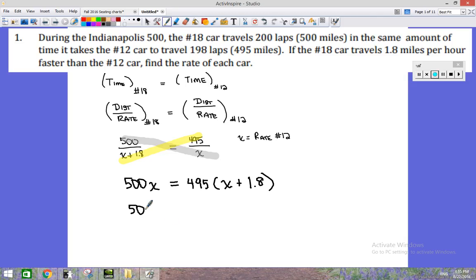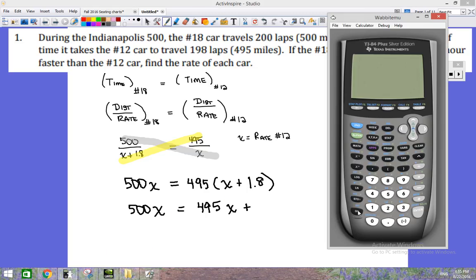So let's take 495 multiplied by 1.8. That's 891.